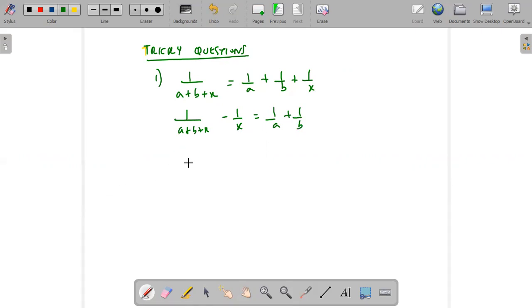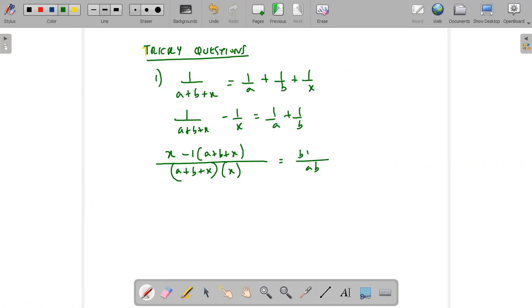Step number 1. Now the next step, I'm going to take the LCM. So LCM will be the product of the denominators, (a plus b plus x) into x. This x is going to be multiplied with 1, so I get x. And these are going to be multiplied with negative 1. So minus 1 has to be multiplied with (a plus b plus x). I put it in brackets because signs are going to change. Here I'm going to take the LCM ab.